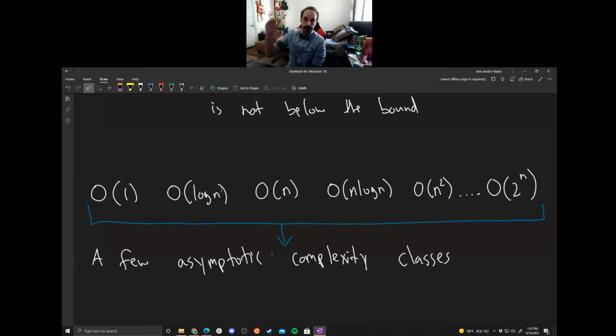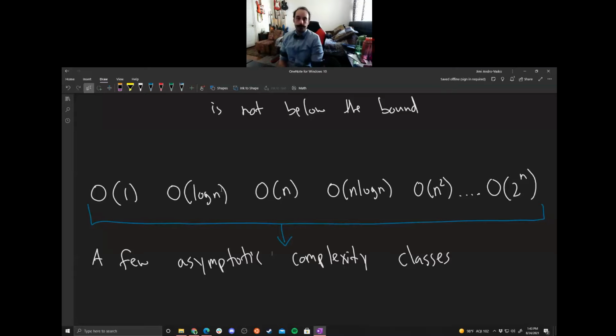It can get at most n. So saying linear search is O of log n is not only a bad statement, it's a wrong statement. If I say linear search is O of n log n, that is technically correct, but it's not a good statement. You want the upper bound to be as low as possible, but still bound the runtime of the algorithm.